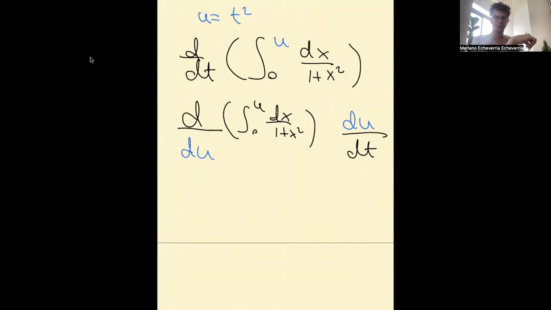Okay. And what happens now? These now cancel one another because they have the same variable, and the variable is not raised to anything weird. So when you cancel, you get the same thing inside, but with the new variable, which is now u. So you get 1 over 1 plus u squared.